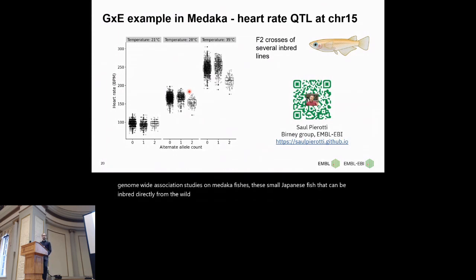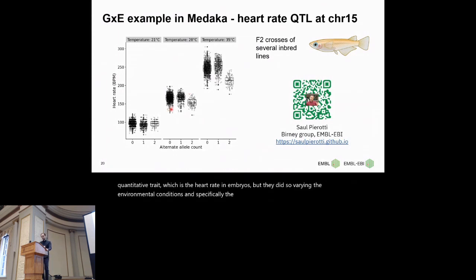So they generated F2 crosses between several inbred lines, and they tested the associations between genetics and a quantitative trait, which is the heart rate in embryos. But they did so varying the environmental conditions, and specifically the temperature.